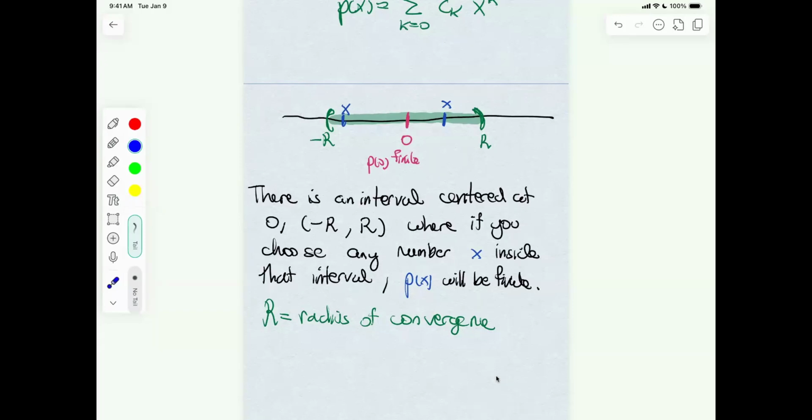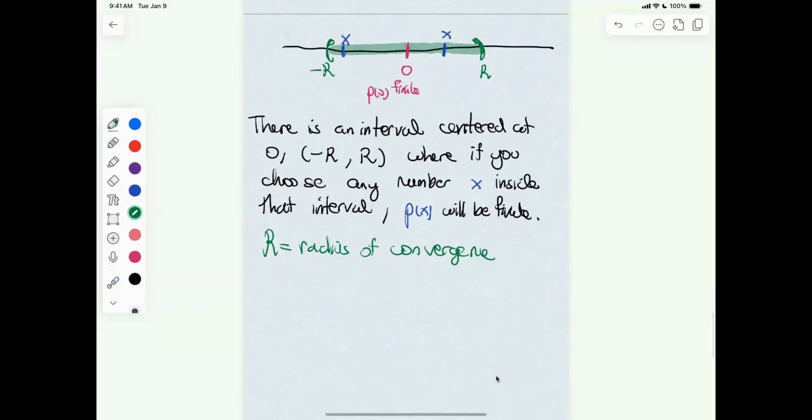Before continuing, what I'm saying is that at the endpoints of this interval, from what I've said, you don't know whether the series is finite or not. So before giving you the formula for R, also at the endpoints, P of -R and P of R could be finite or infinite.